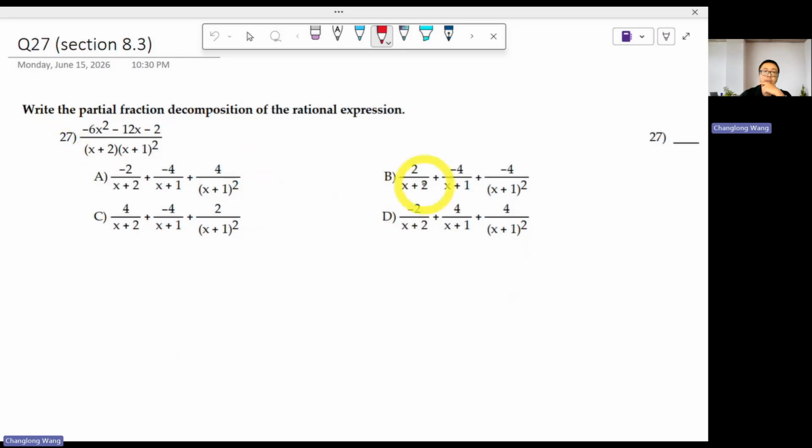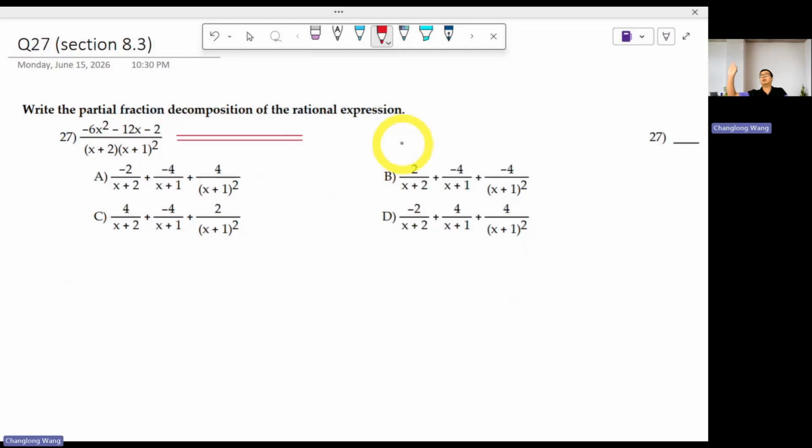But I think that for 27, the best way to do it is to just substitute some easy numbers for x. So let's say if you have to take x to be an easy number, what will be the number that you feel like taking for this problem? What do you want x to be? 0.